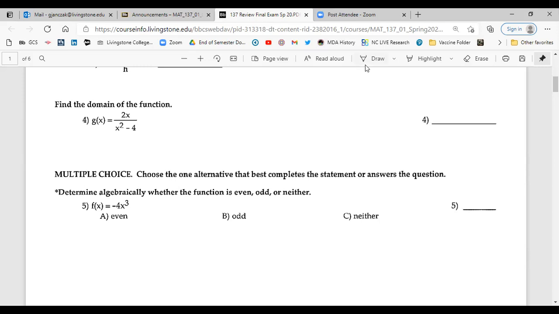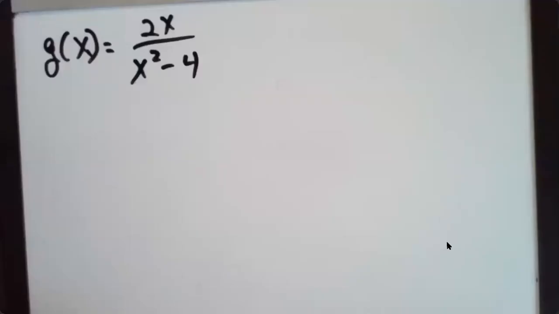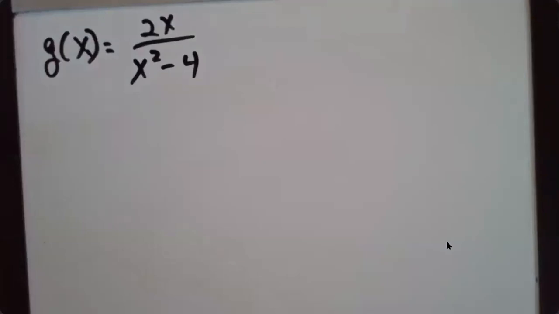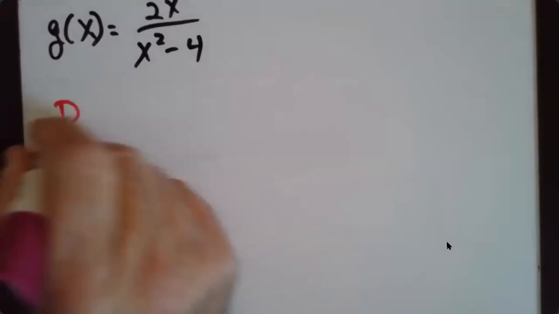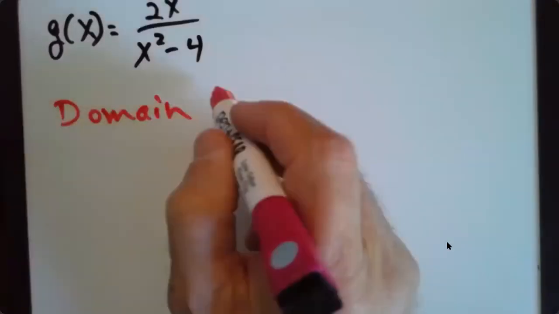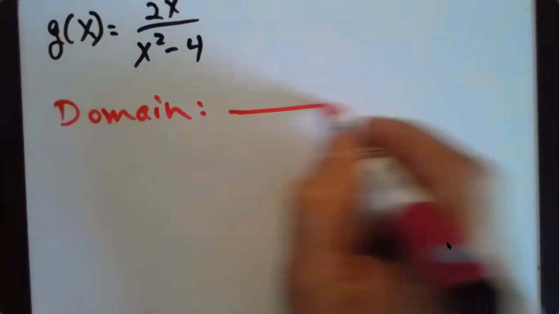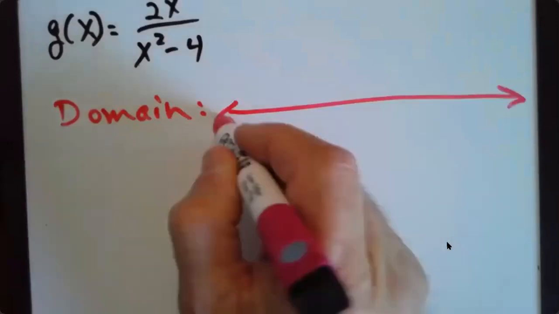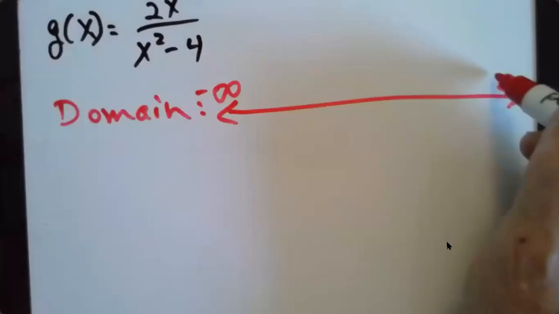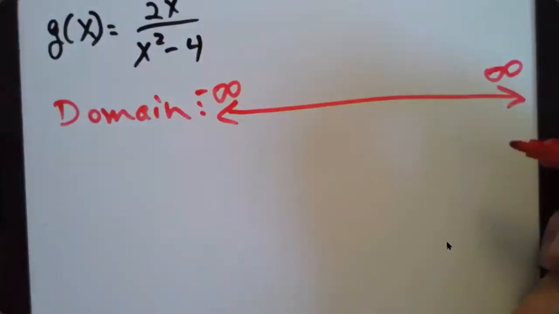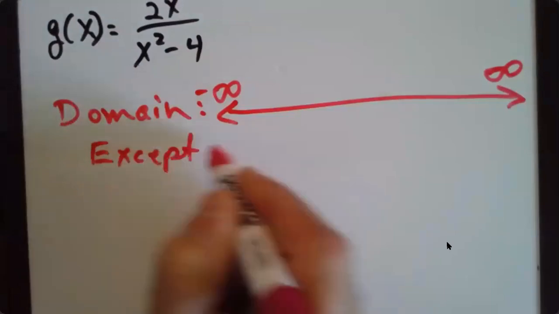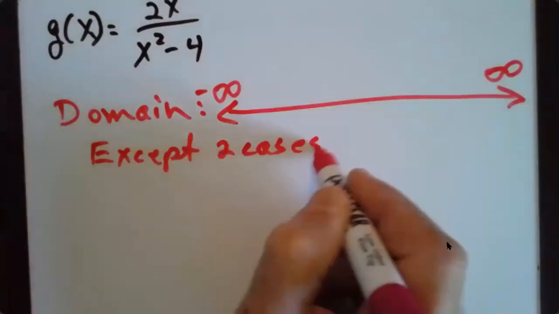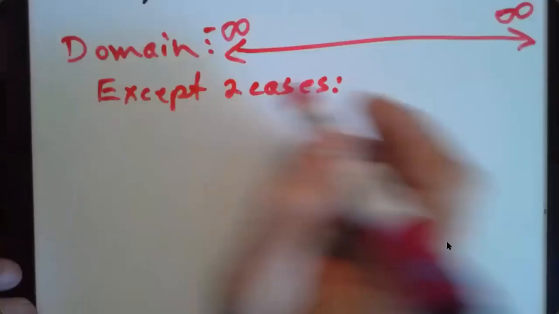Let's go over the concept of domain in its entirety. I like to look at domain to start off with as all real numbers, from negative infinity to infinity, except 2 cases as far as the problems that we're working on.